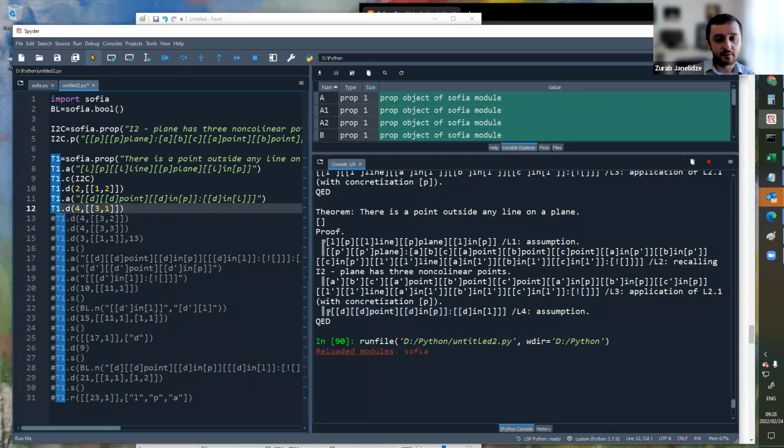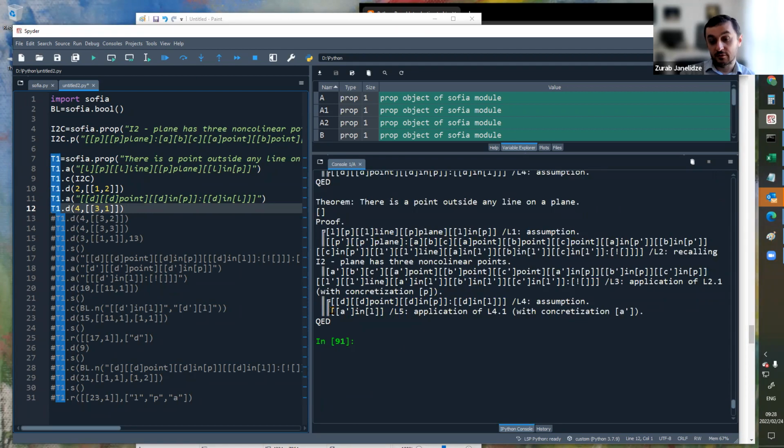So let's do that. Sorry, not on P, on L, right? Because A prime, we knew lies on P from the third line, and hence we can conclude by this assumption that it lies on line L. There we go. And if I look into the code of this, we have here again this .d rule, which is the one that allows me to apply implications. 4 refers to the location of the implication that is being applied.